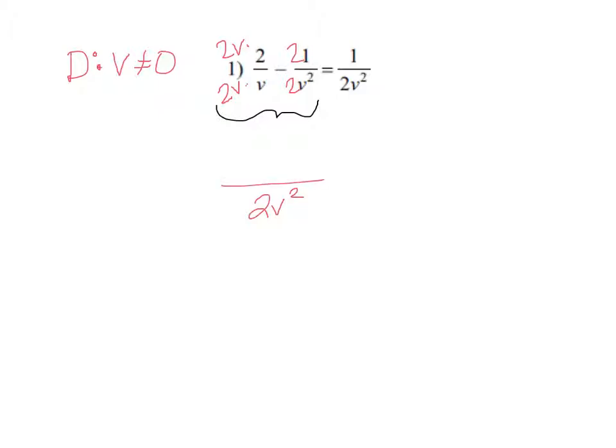And on the top, I'm going to multiply 2v times 2. Now that's not a distributive thing. There's no addition or subtraction that you're distributing through. It's just going to be a 4v minus, and then I have a 2 times 1. That's just a 2. Equals 1 over, this one I didn't have to do anything to. It already had that common denominator.